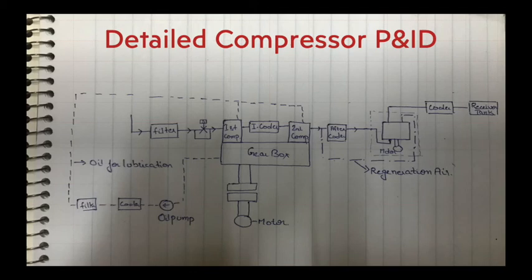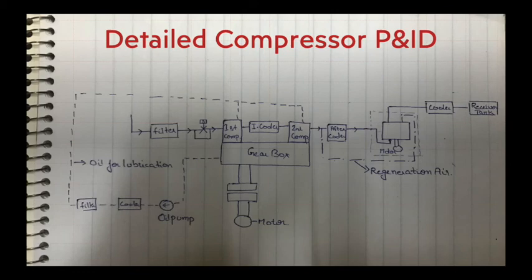This aftercooler is required because normally the temperature required for operating valves of an instrument air or any system is 45 degrees Celsius, and generally the output of a second stage compressor is at 180 degrees Celsius. So in order to bring the temperature of air back to 45 degrees Celsius, the aftercooler is required. Before the aftercooler, there is a connection of a regeneration air.